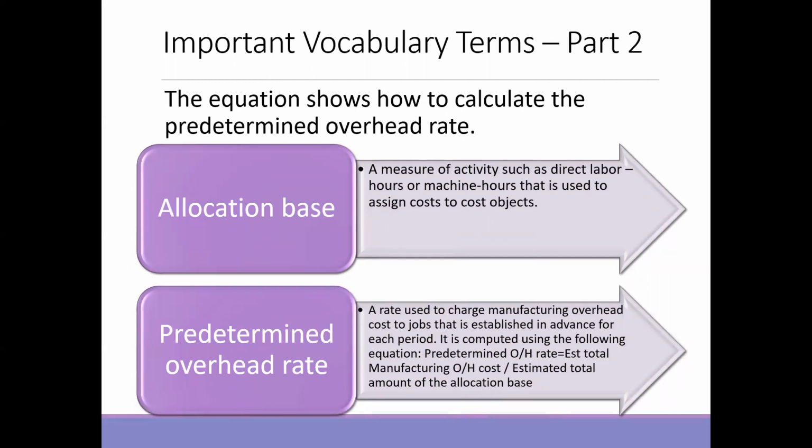Predetermined overhead rate, the rate we use to charge manufacturing overhead to jobs that we establish in advance each period. We determine it by estimated manufacturing overhead costs divided by estimated total amount of the allocation base.